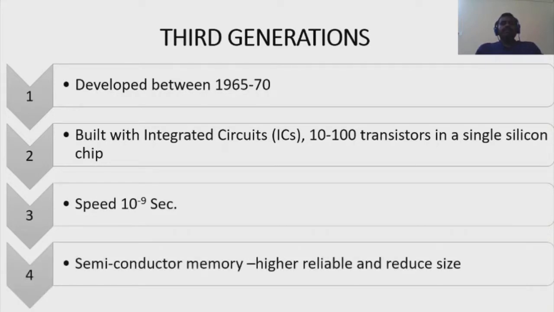Semiconductor memory was used in the third generation, with greater reliability and reduced size of the computers compared to the first and second generations, due to the advent of integrated circuits.